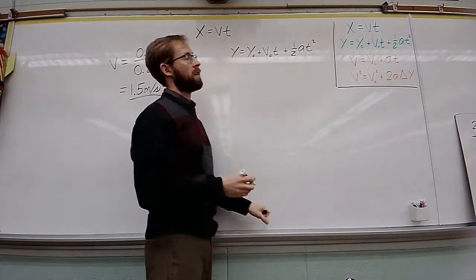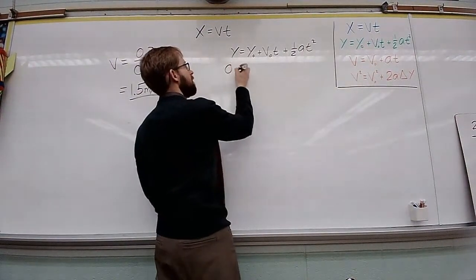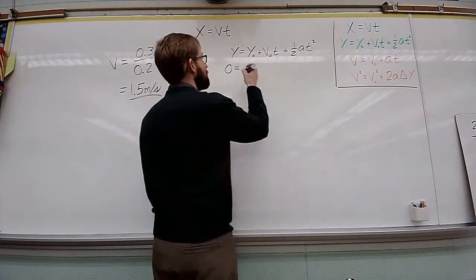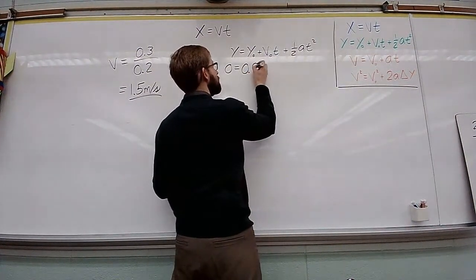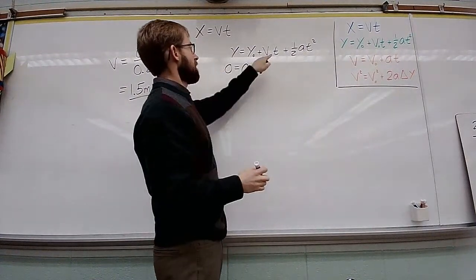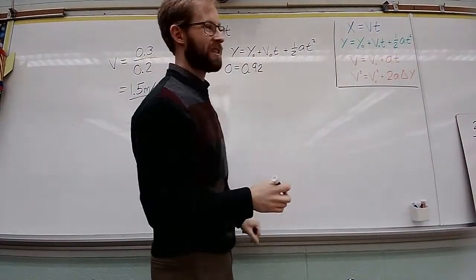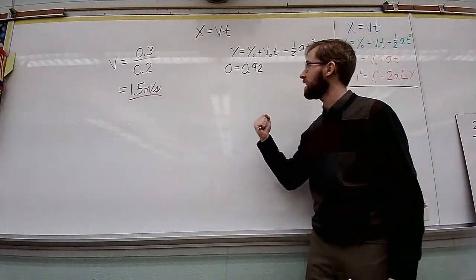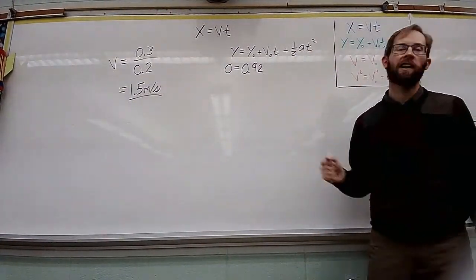Of course, the final height is 0 because it hits the ground. Original height is 92 centimeters, which would be 0.92 meters. My original velocity, what's this going to be? 0, yes, because this object is rolling horizontally off the table.